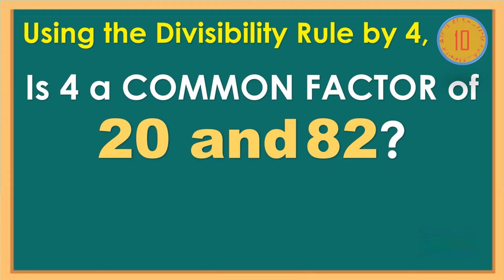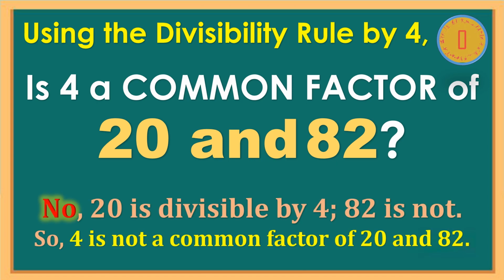Using the divisibility rule by 4, is 4 a common factor of 20 and 82? No, 20 is divisible by 4. 82 is not. So, 4 is not a common factor of 20 and 82.